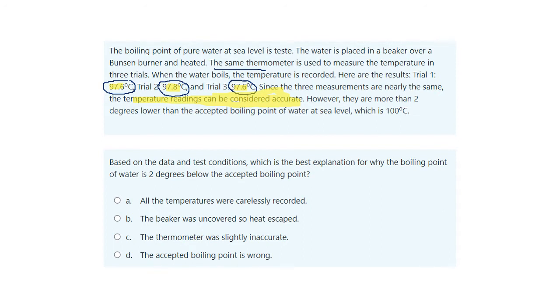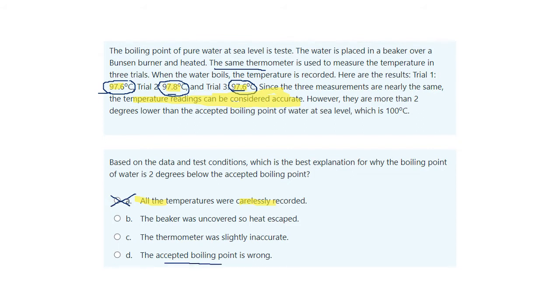Well, if you chose answer A, all the temperatures were carelessly recorded, I don't think you can say that. 97.6, 97.8, 97.6, these are all very close to each other. It looks like the person doing the experiment looked very carefully, not carelessly. So they were carefully recorded. Answer A is not true.